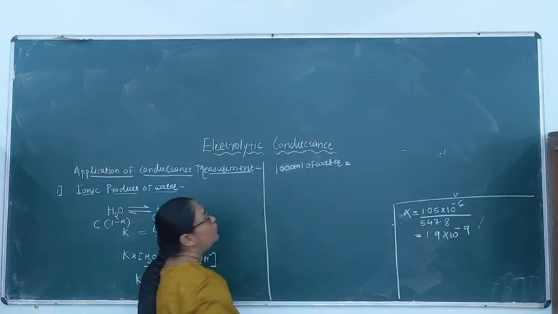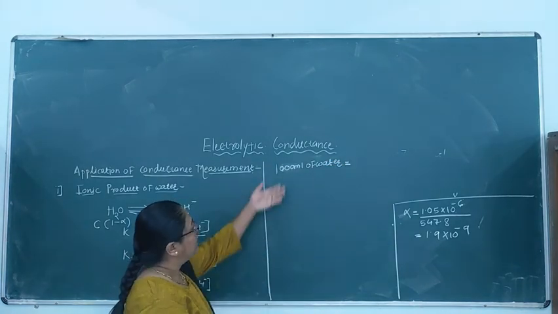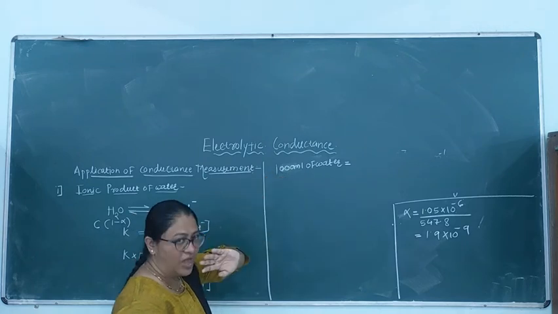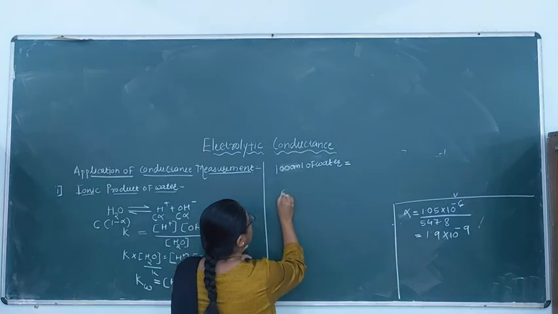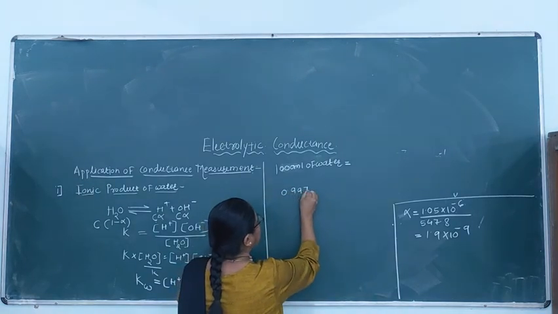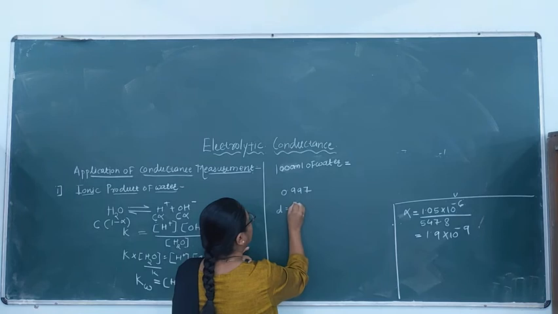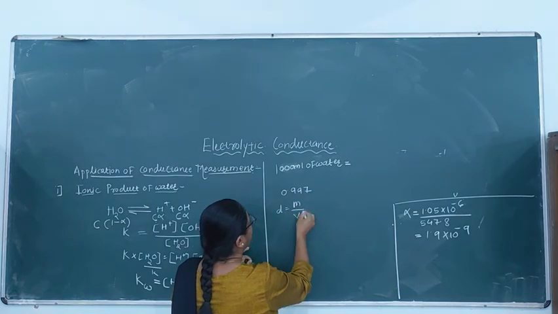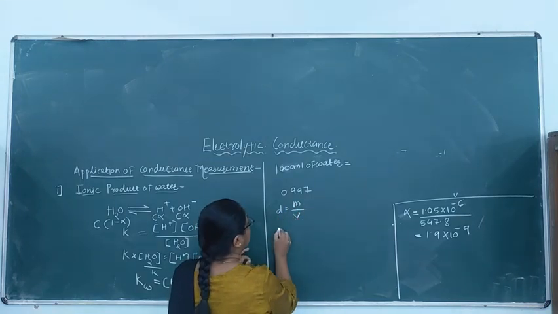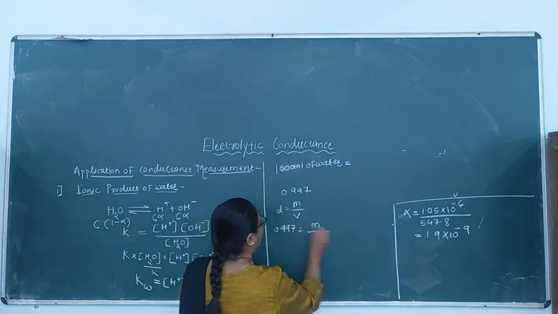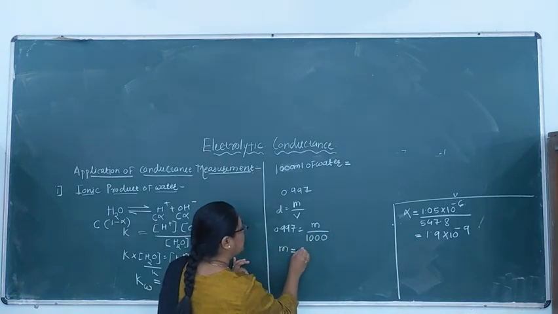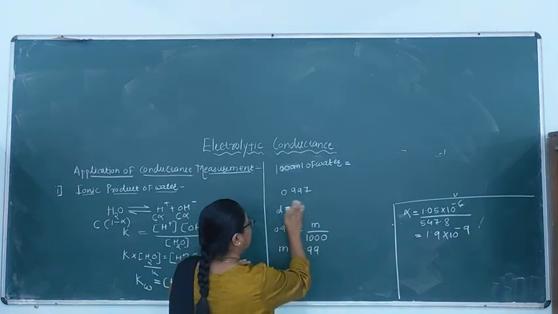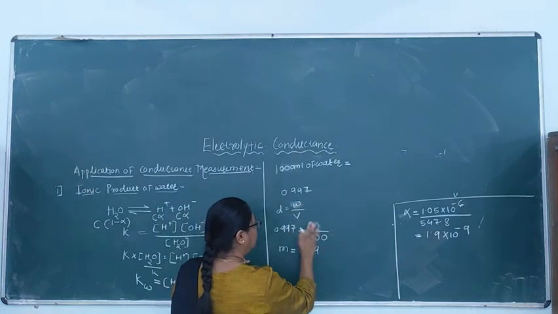How much would be the weight of the water? 1000 ml corresponds to how much? We know that the density of water is 0.997. We know that D is equal to M divided by V. I know V, I know density. 0.997 is equal to M divided by 1000 ml I have taken. Instead of mass I can say weight by volume.